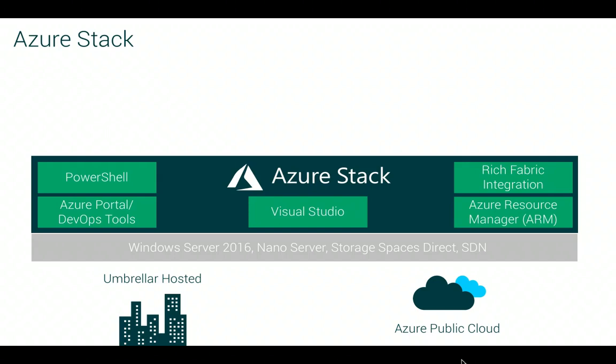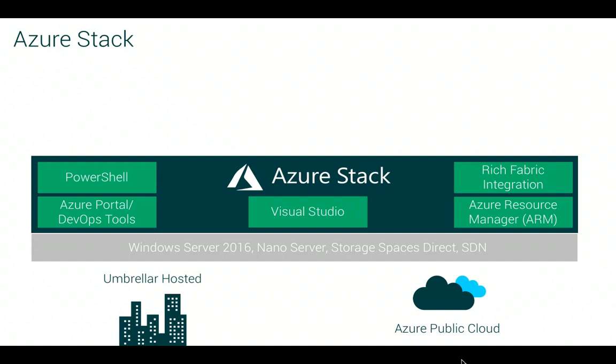Now that's fundamental for one main reason, and that is that templated deployments of applications and services can be built once and deployed to either an on-premises or service provider Azure Stack and also into Azure Public. So consistency right at the core of everything that's written. Rich fabric integration and consistent portals between both the public cloud and on-premises Azure.